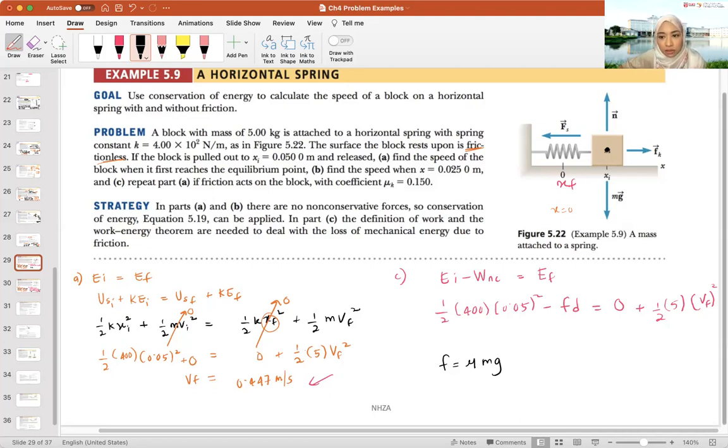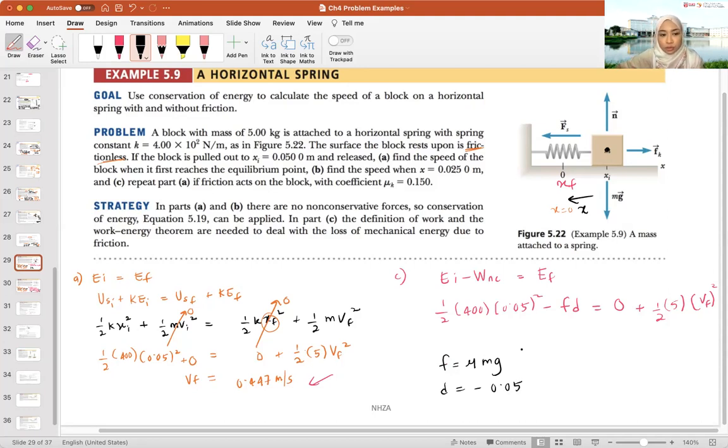But is it a positive or a negative 0.05? Negative. Because kita stretch, at this point kita tak gerak lagi. Bila kita lepaskan, the displacement is towards the left. Boleh bayangkan spring tu kita tarik, lepaskan, it's moving to the left. So the D in this case is minus 0.05.